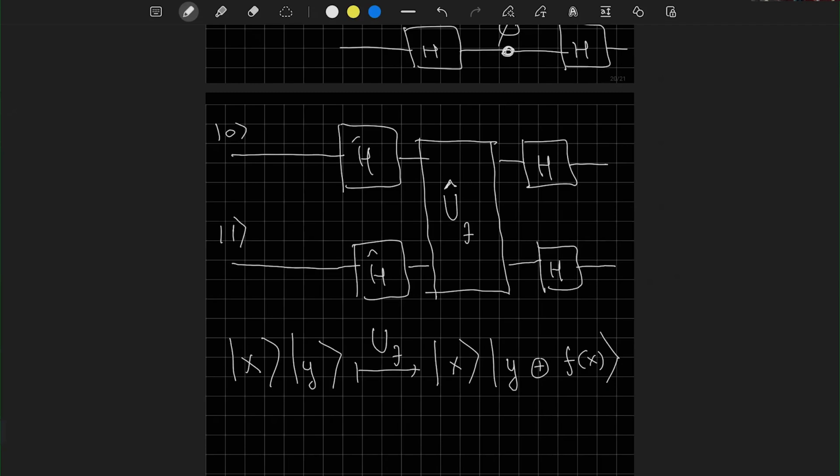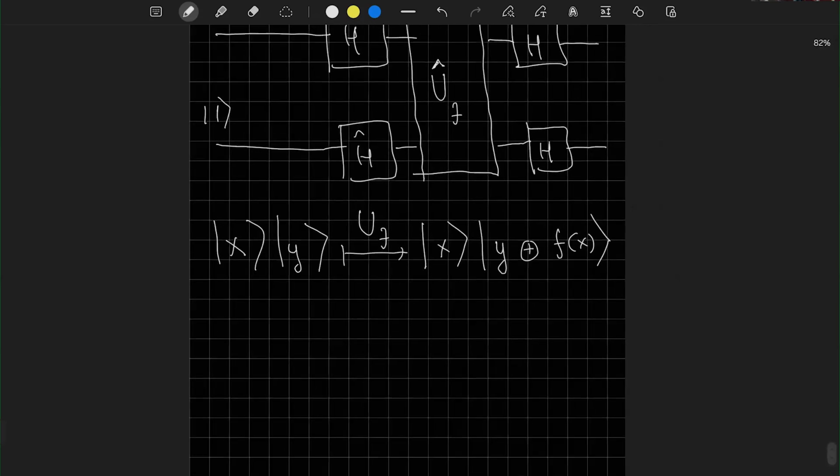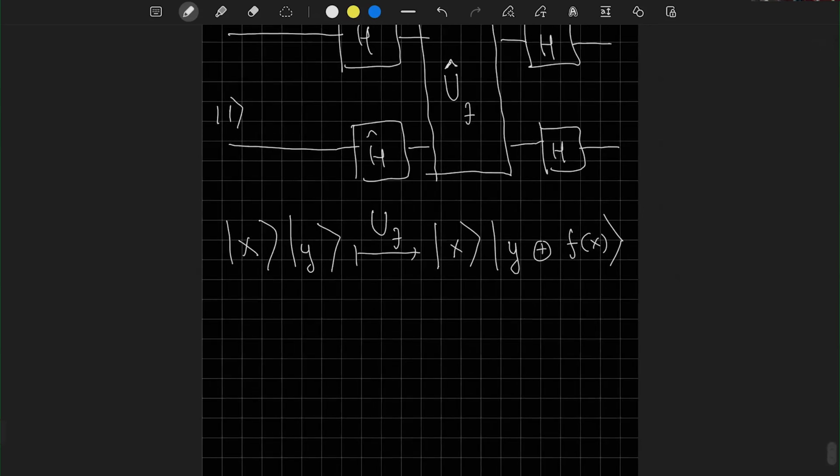No, it's fine. Okay. Now, this is the algorithm. Now let's see what happens to the state. So I input ket 0, ket 1. The first Hadamard gate and the second Hadamard gate.